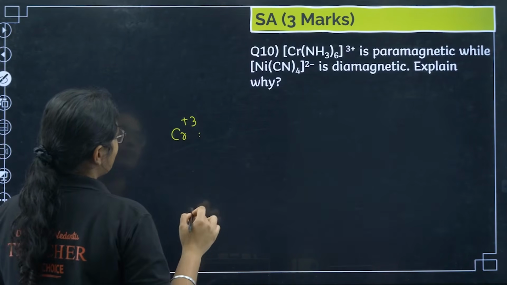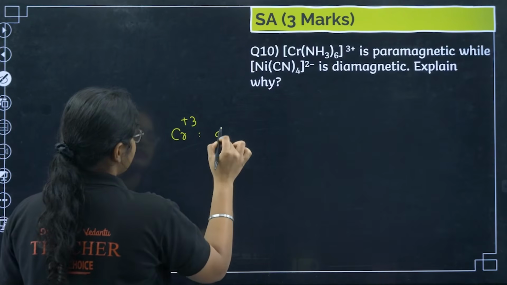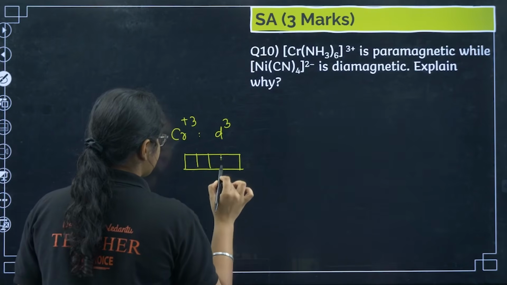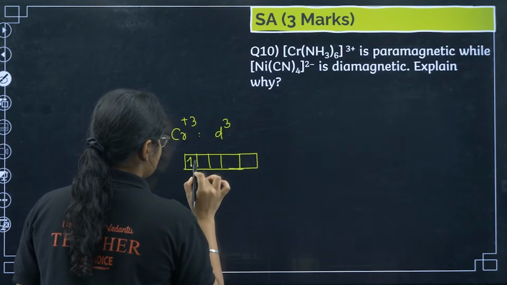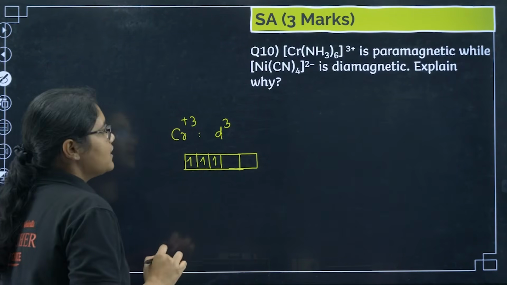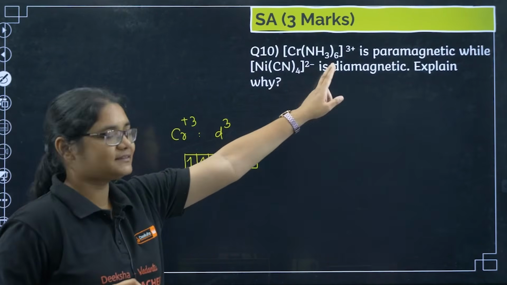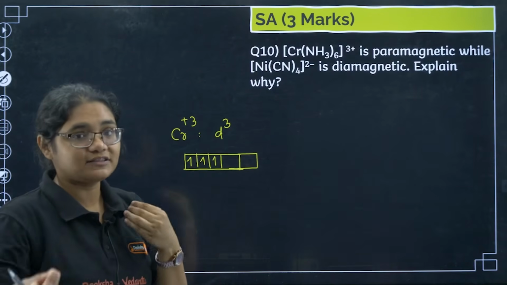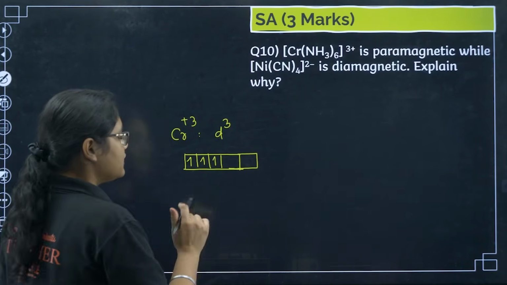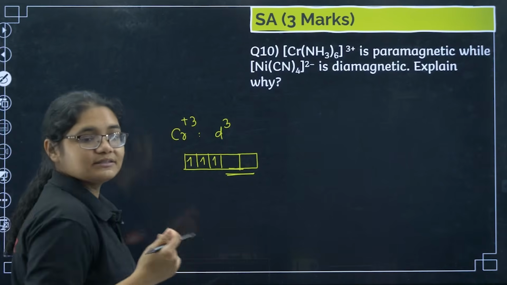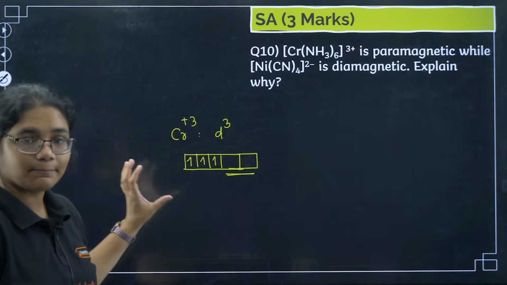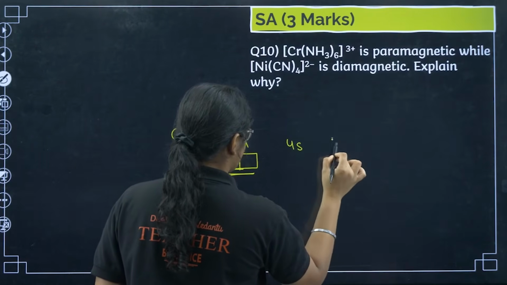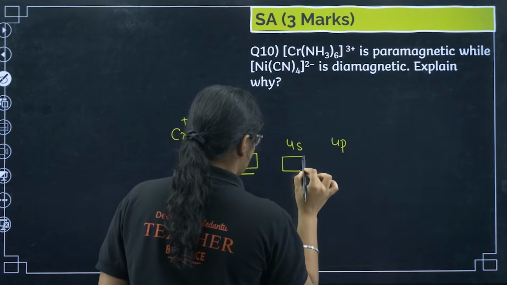Okay, so the chromium electronic configuration in +3 is d3. So I have d3 configuration like this, 1 2 3. Now if you see, I just need 6 vacant orbitals, right? And for coordination number 6 we have d2sp3 or sp3d2. Now here already 2 d empty orbitals are available for me, so I don't need to do any pairing here, right? So I can just use this d, then I have 4s and 4p.